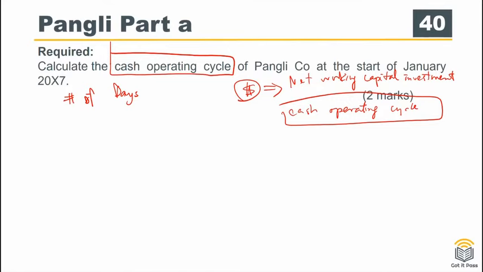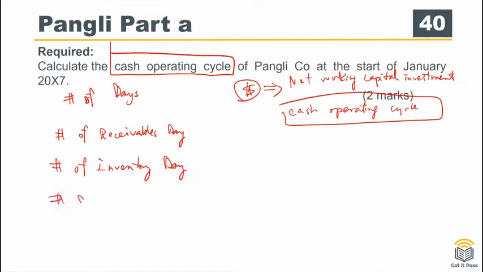So we are required to work on the cash operating cycle. It means the number of receivable days, the number of inventory turnover days, and the number of payable days.